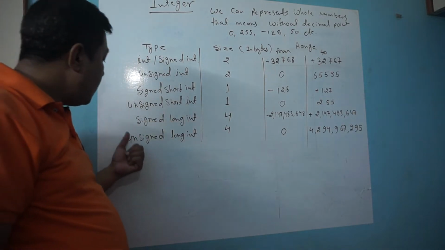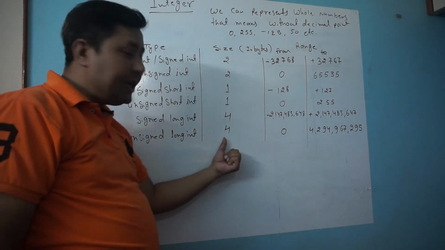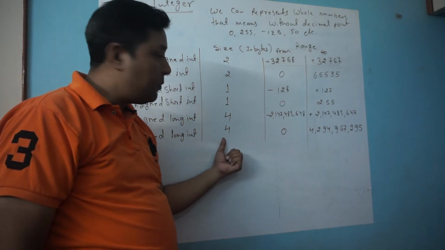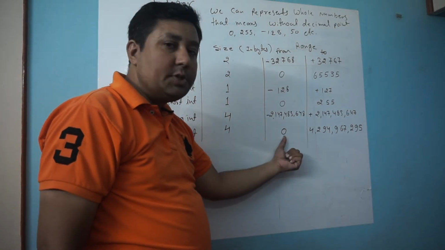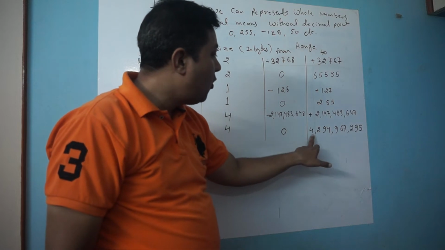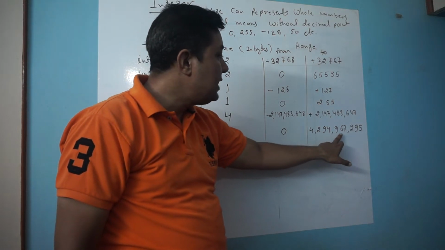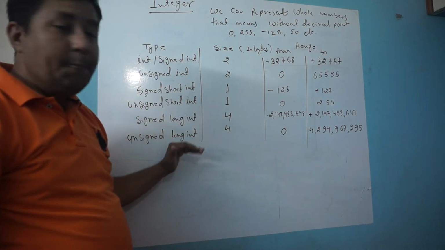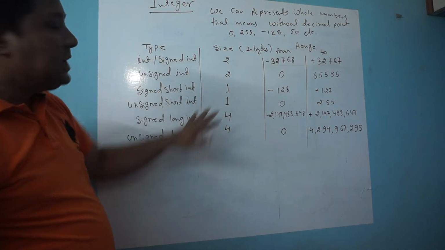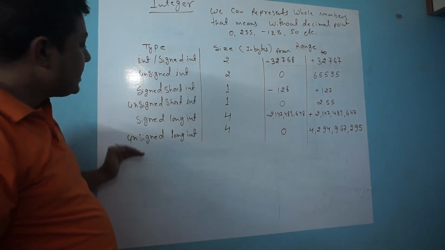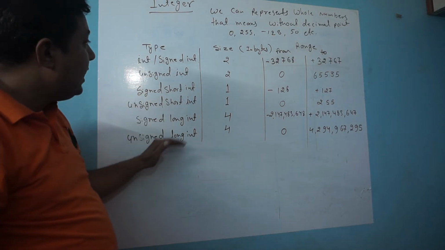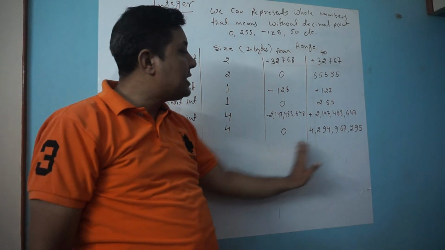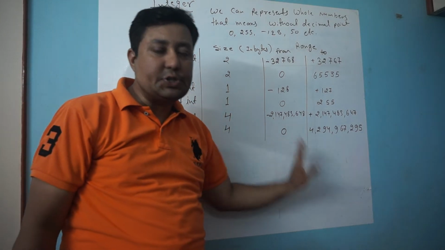If we are talking about unsigned long integer, it also takes 4 bytes of memory for storage. It starts from 0 and ends with 4,294,967,295. So we consider this table for these 6 integer data types and their storage and the maximum and minimum representations.